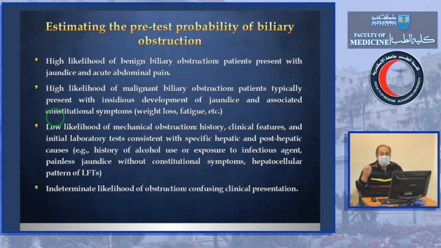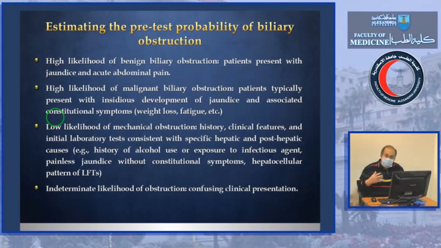This means cancer head of pancreas. What is the radiological modality I will use to diagnose cancer head of pancreas? I will use contrast-enhanced triphasic CT, or dynamic MRI, or endoscopic ultrasound evaluation of the pancreas for detection of pancreatic head tumor.